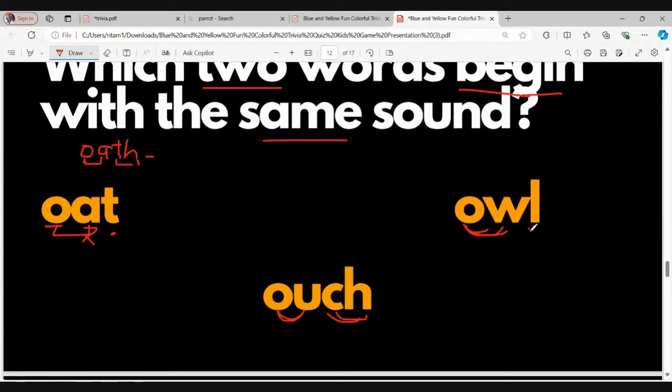And what is an owl? Are you guys familiar with owls? Owls are actually animals. They are birds. Well, they belong to the bird family. So they are nocturnal birds. And they like to prey on other animals.